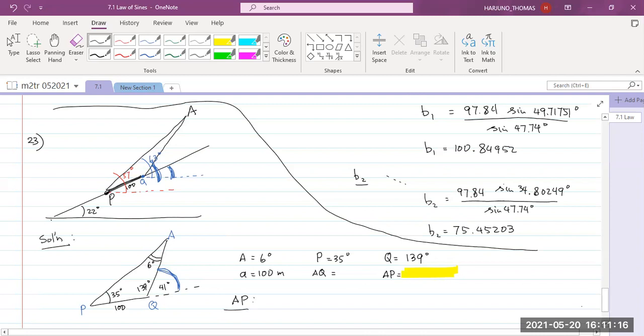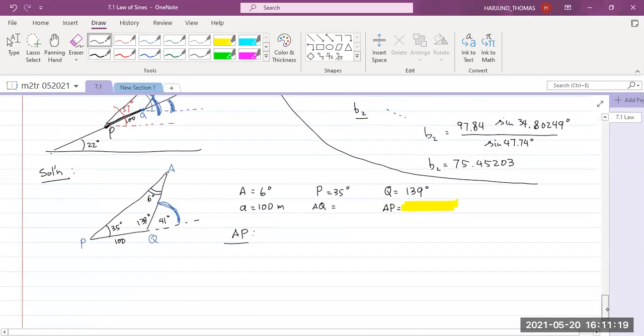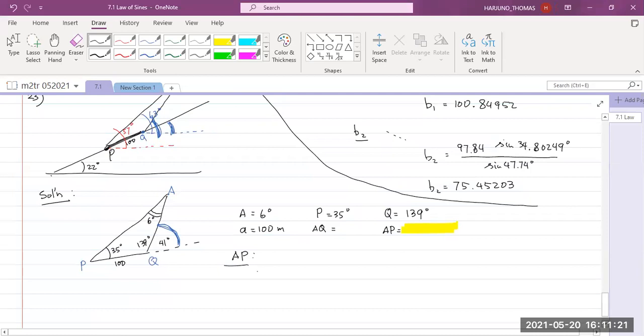I only write down what information I can use. Okay, so I have sine 6 degrees over 100 equals sine 139 degrees over AP.